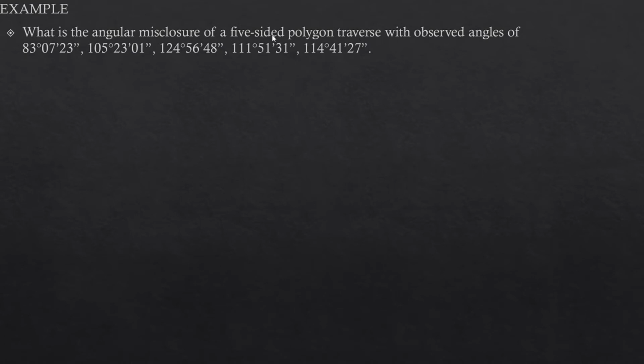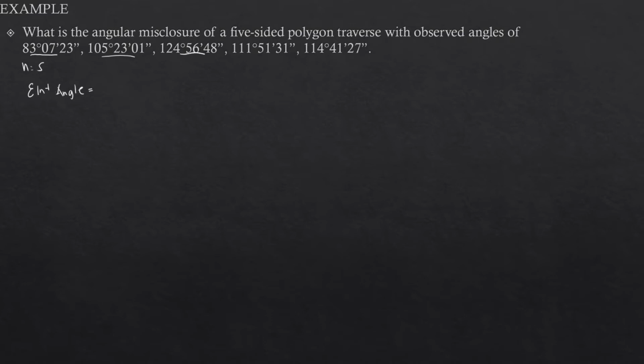So, meron tayong given n na 5. So, kunin natin yung summation of interior angle observe. So, ito yung muna yung summation ng mga angles na to. So, ipag-add nyo to. Pag-add nyo yung mga angles na yan.